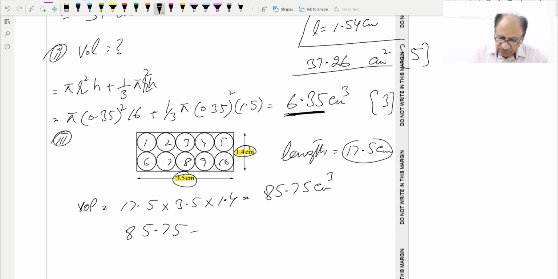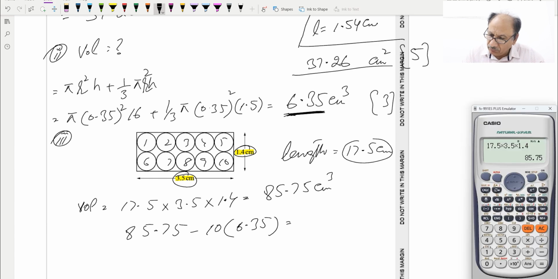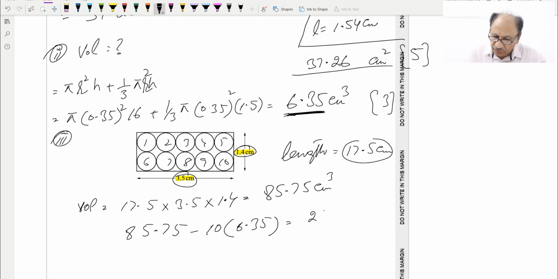So this will be 85.75 minus 10 times 6.35, which gives us the answer 22.25 centimeter cube, and this is the answer for 3 marks. Hopefully you understood this as well.